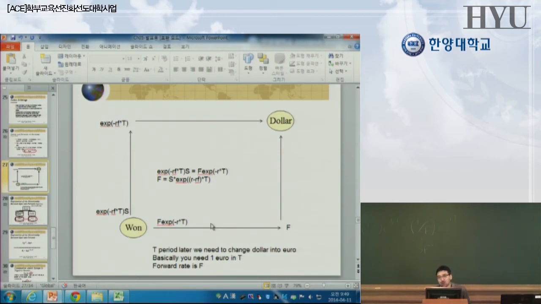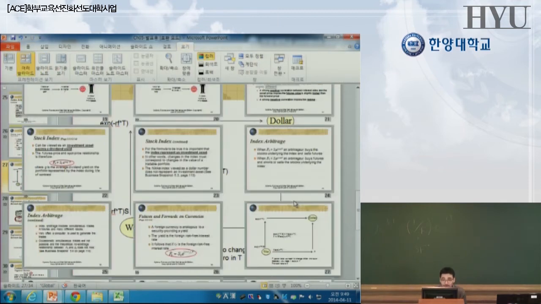And then actually we can apply exactly the same logic to the other usual forward contract. So let's copy and paste.